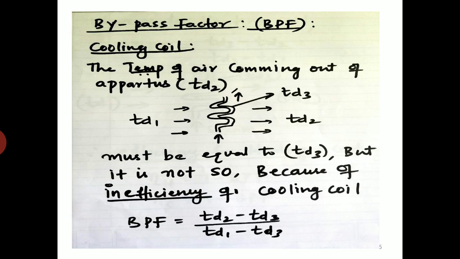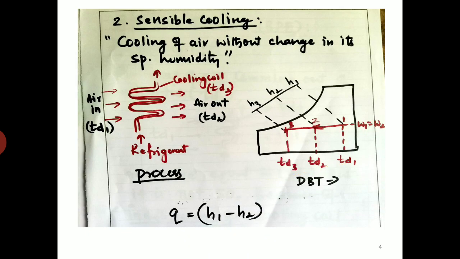Next we'll talk about what exactly this bypass factor is. In the previous slide we saw the cooling coil temperature TD3, TD2 and TD1. Exactly, TD3, the cooling coil temperature, should be equal to TD2, the air outlet temperature, but it is not so because of the inefficiency of the cooling coil.